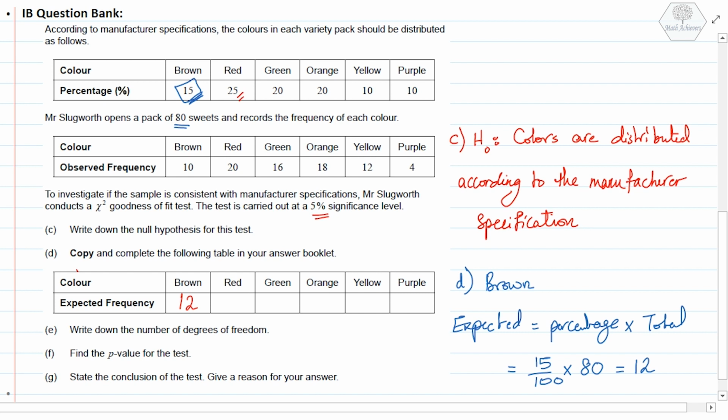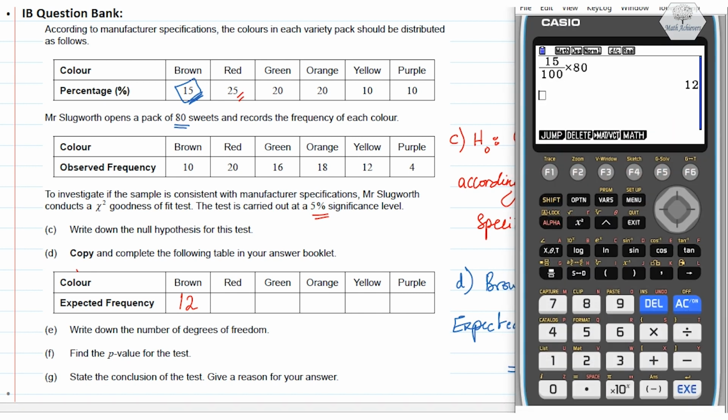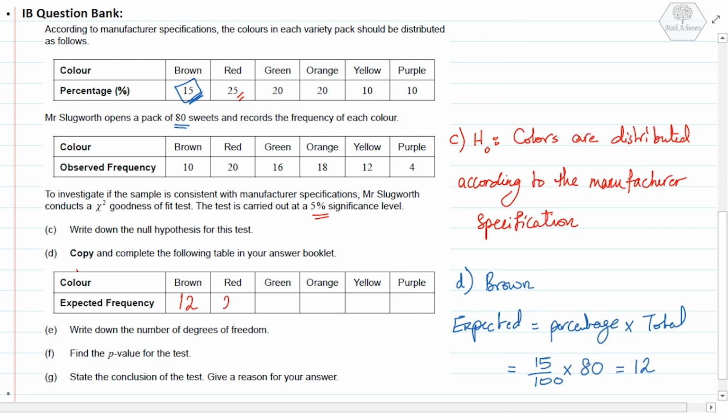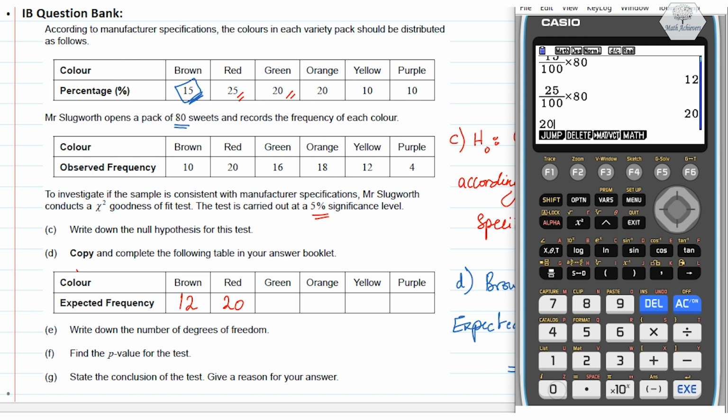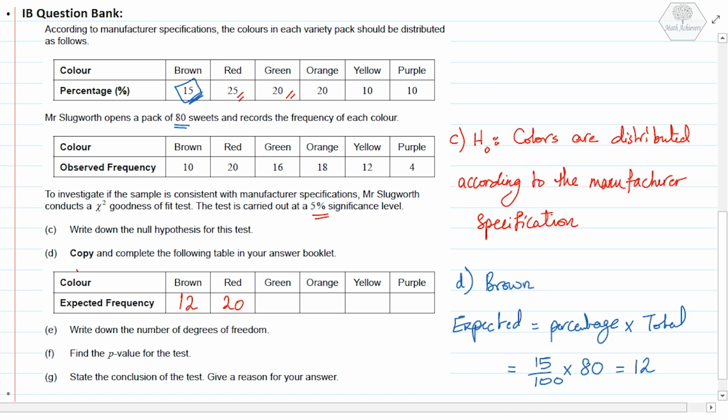For red, the percentage is 25, so 25 over 100 times 80 gives me 20. Green is 20%, so 20 over 100 times 80 gives me 16.